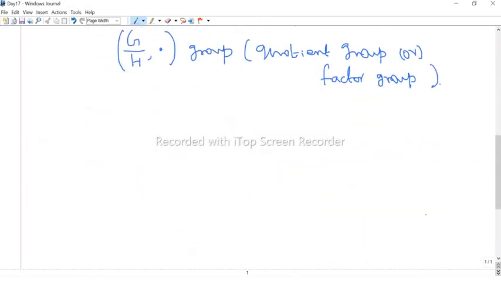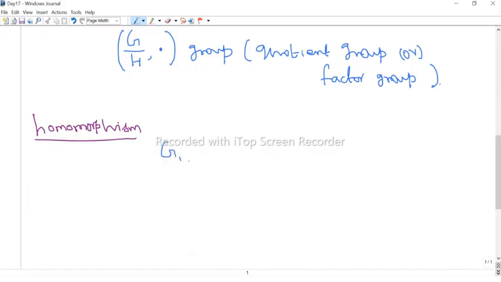Before going further, we define isomorphism and related things. Now we define what is a homomorphism between two groups. Suppose we have two groups.